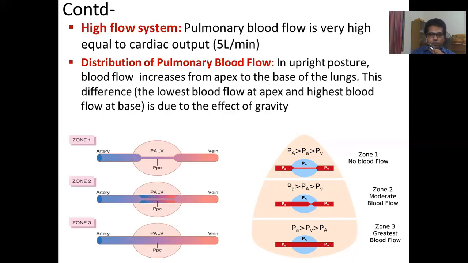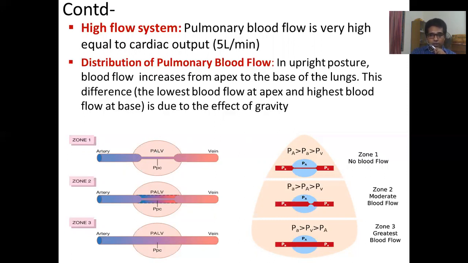Now, if you observe carefully, in the apical region the effect of gravity is higher than in any other zone of the lung.